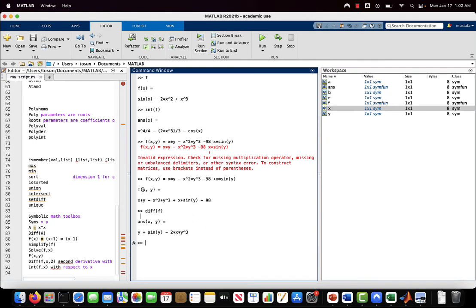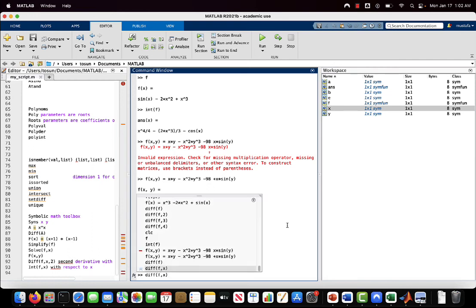Why x? Because x is the first variable of my function. If I use f and x like that, it will return the same result.